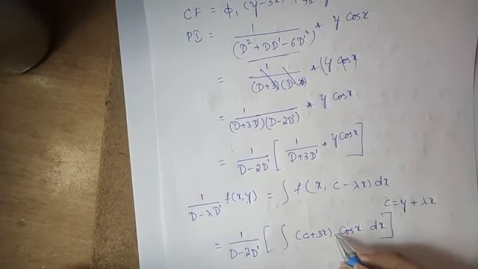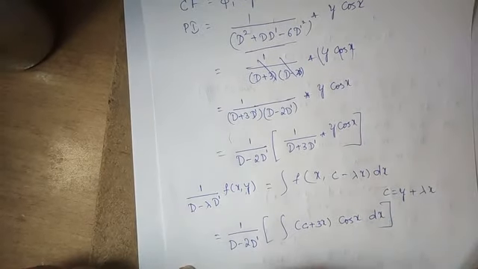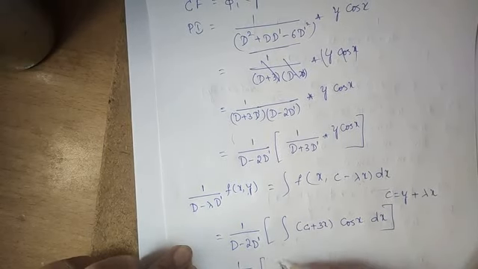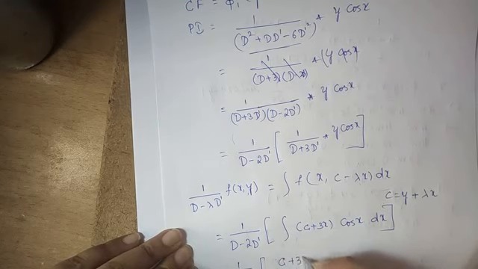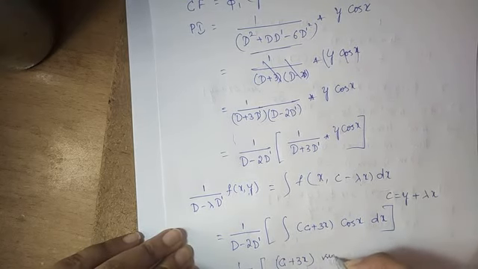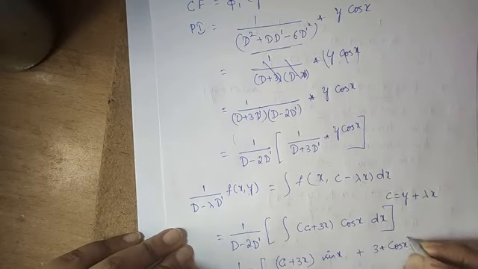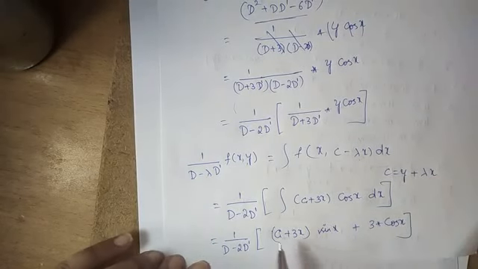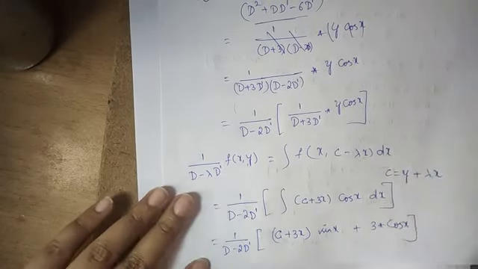So integrate this using integration by parts. You will get 1 over D minus 2D dash as it is. You will get c plus 3x into sin x plus 3 into cos x. If you integrate this using integration by parts method, you will get c plus 3x into sin x plus 3 into cos x.